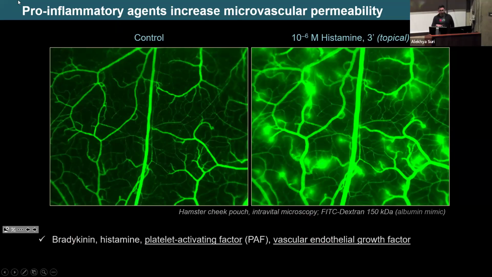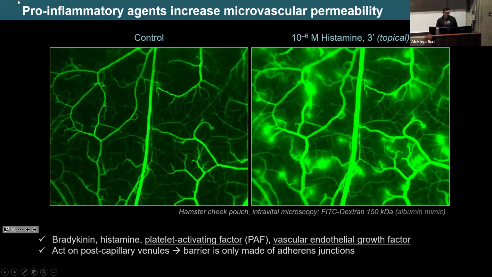All of those molecules will increase endothelial permeability, and they only really act on postcapillary venules, where the barrier is only really made of adherens junctions. Does that make sense so far? Any questions about this?